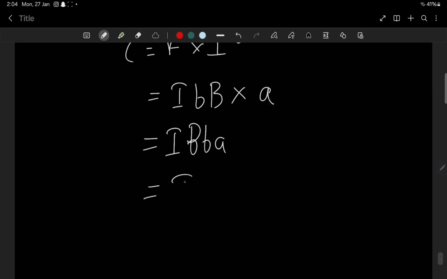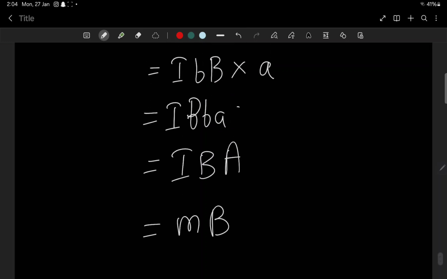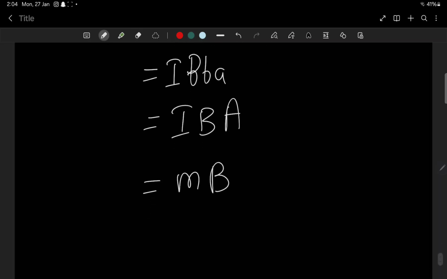BA is the area of the square loop. So IBA, and I into A is M, so tau equals MB. This is the answer.